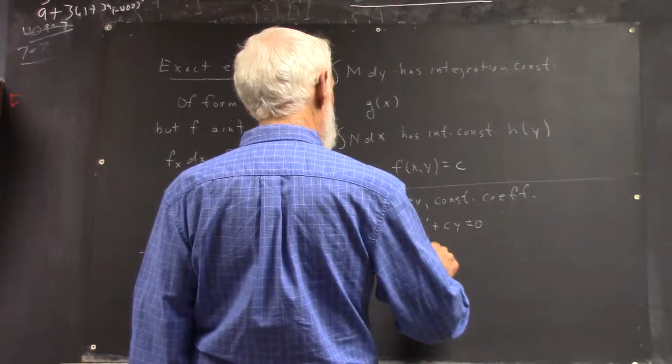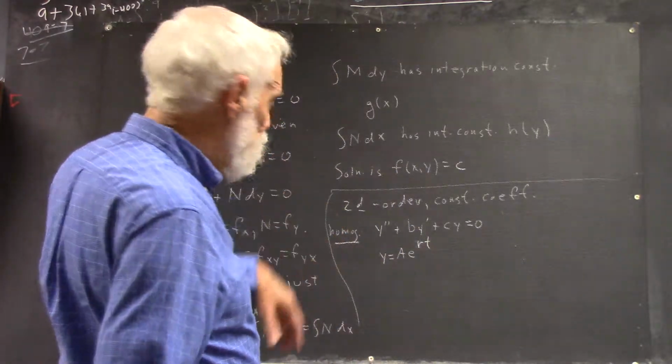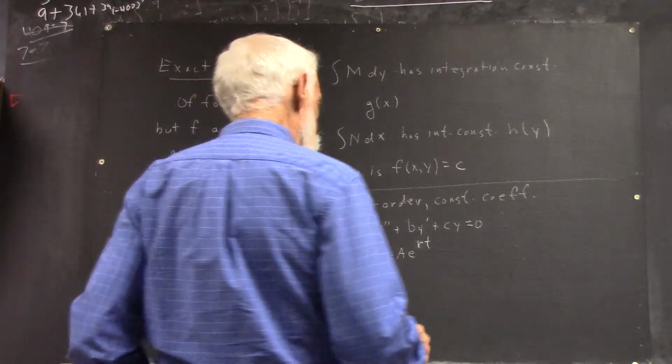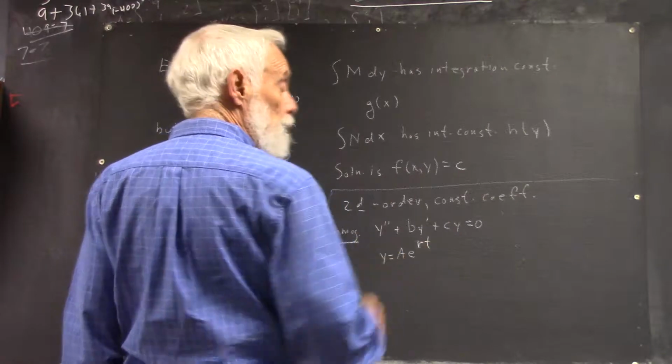We're using A e to the r t, or A e to the lambda t, but I'll say A e to the r t because I think that's a notation we're more used to. Shouldn't matter because we've used lambda also.